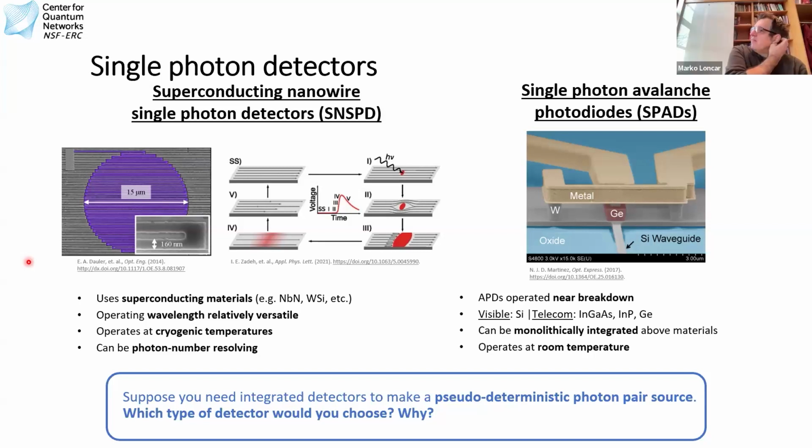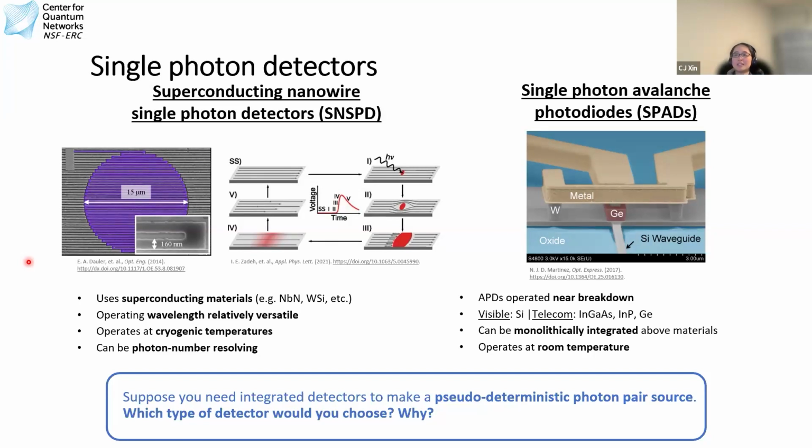But what about wavelength? I had to step out for a moment. Did you talk about wavelength for SPADs, and how people get around this? Maybe that's a good question. I didn't actually talk about how to get around the wavelength. With SPADs, the most high performing ones are in silicon, which operate in the visible.